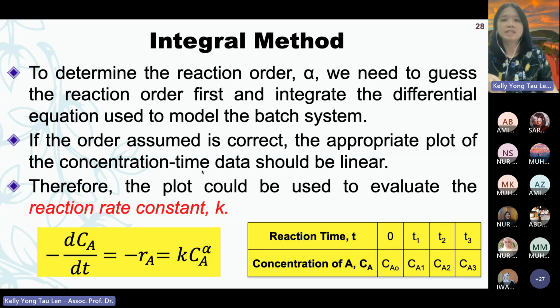Okay, so same as the integral method, it has its pros and cons. The pro of this method is that the equation to plot the graph is much easier. Even getting the data to obtain the graph, the information is quite straightforward. The experiment is also easy, very straightforward.